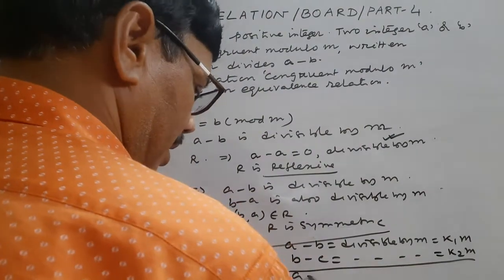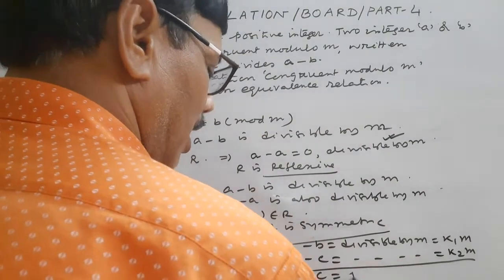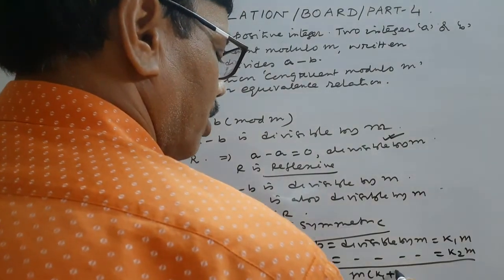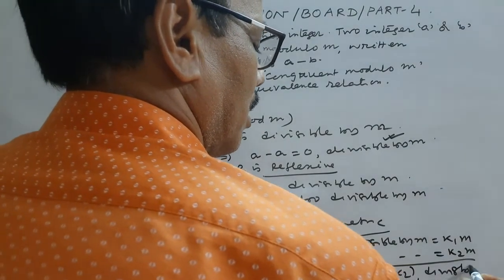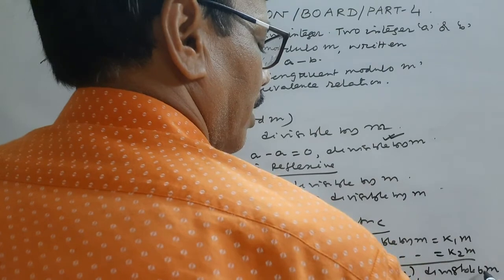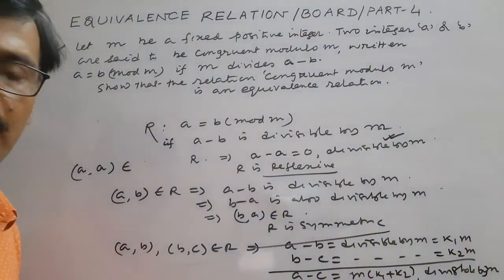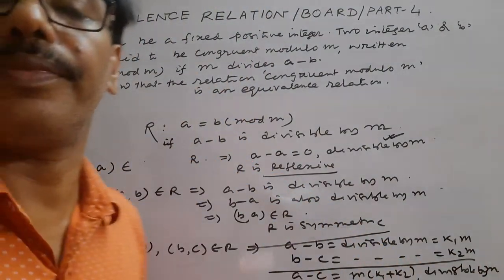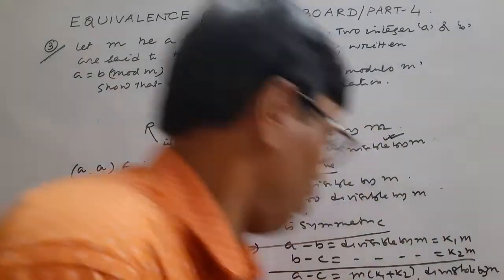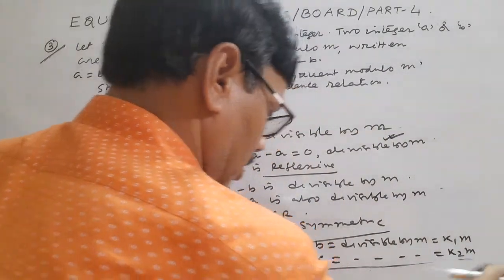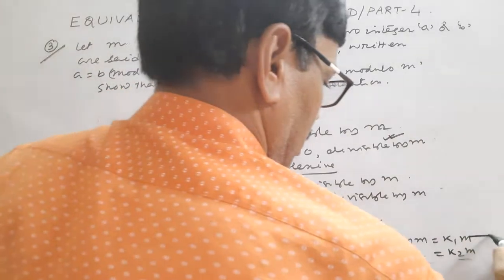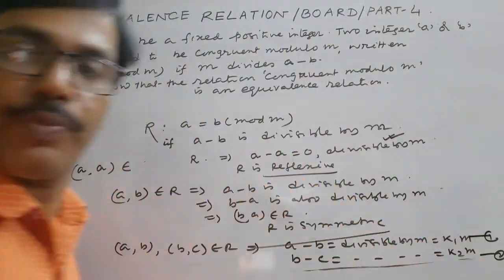Now if we add A minus C, A minus C equals K1 plus K2 into M. So this is divisible by M. Look, B minus C equals this. This is 1 and this is 2.